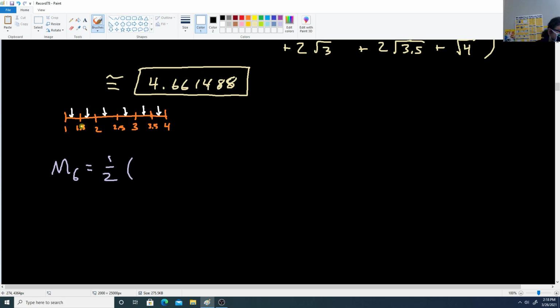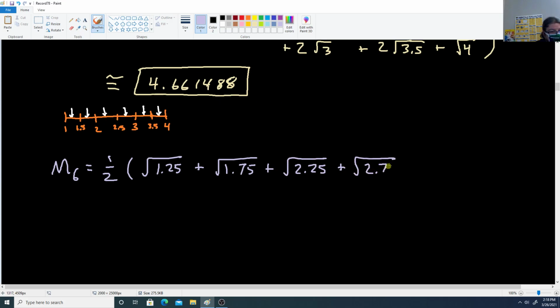So 1 up to 1.5, that would be square root of 1.25. Plus 1.5 up to 2, the midpoint would be square root of 1.75. When we go from 2 up to 2.5, that's 2.25 falls in the midpoint. 2.5 up to 3, that would be square root of 2.75. 3 up to 3.5, 3.25.